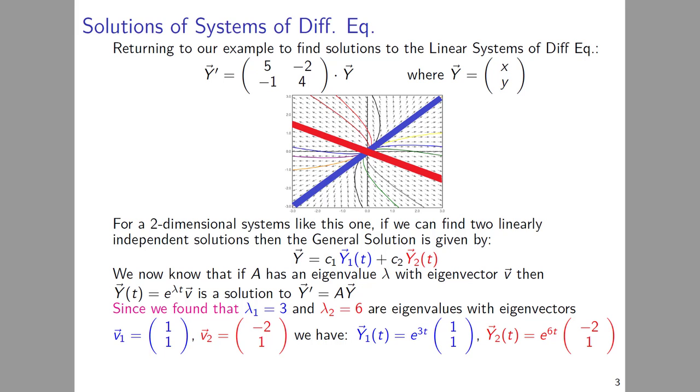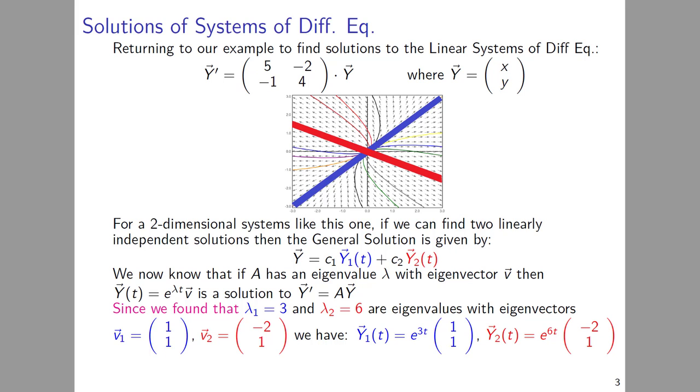Since we found the two eigenvalues lambda 1 equals 3 and lambda 2 equals 6, with eigenvectors (1, 1) and (-2, 1), we can conclude that y1 equal to e to the 3t times (1, 1) and y2 equal to e to the 6t times (-2, 1) are solutions to our linear system.